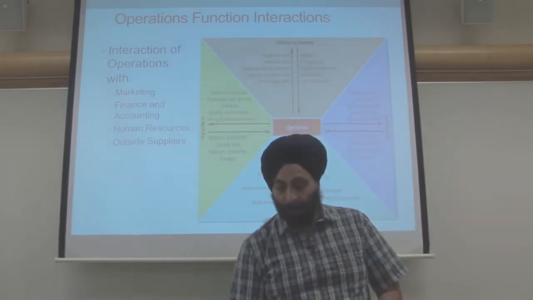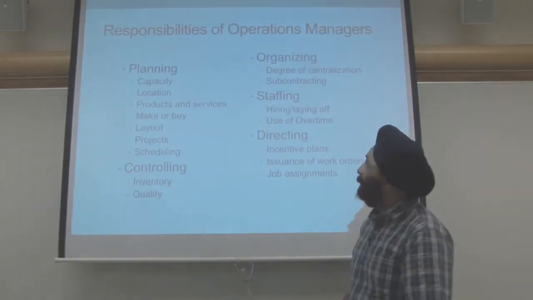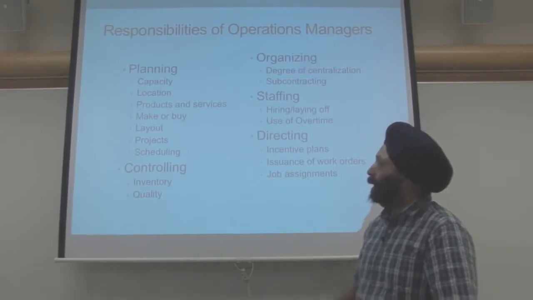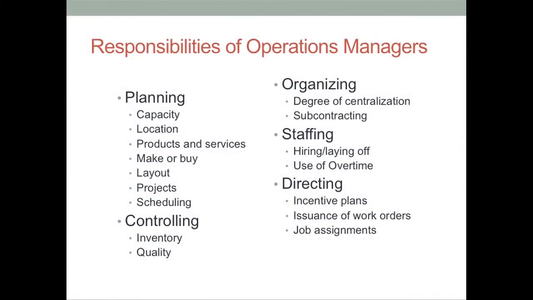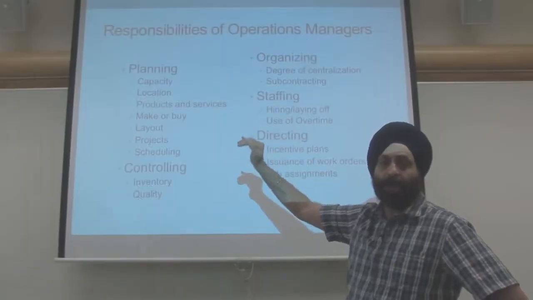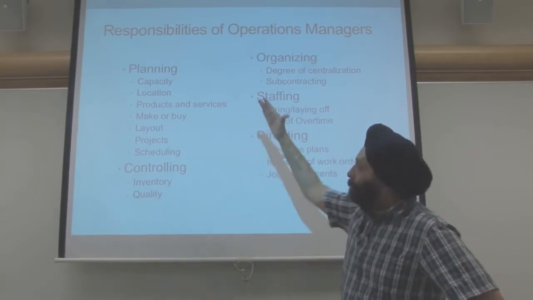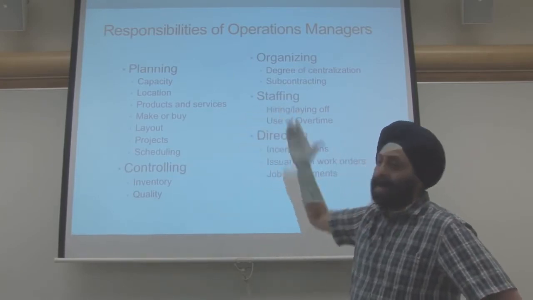Now, in terms of the various responsibilities of operations managers, in this particular case, they are involved in planning activities, which could be long-term, medium-term, or short-term. Long-term includes capacity planning.